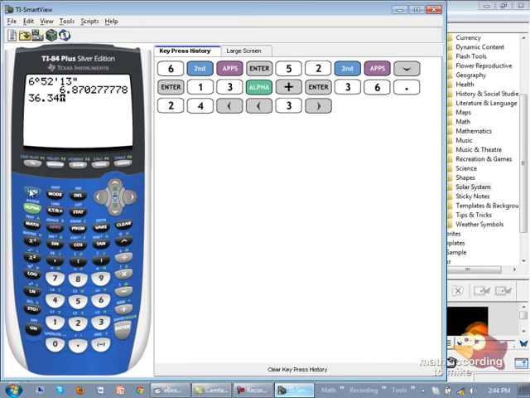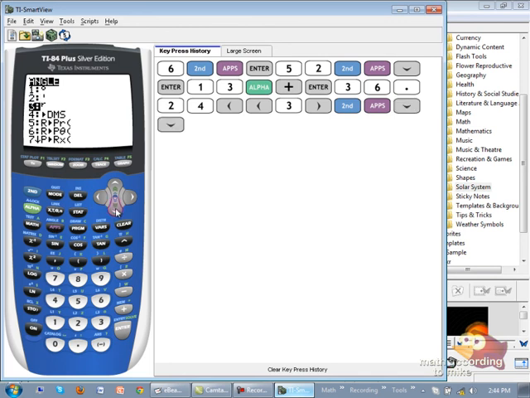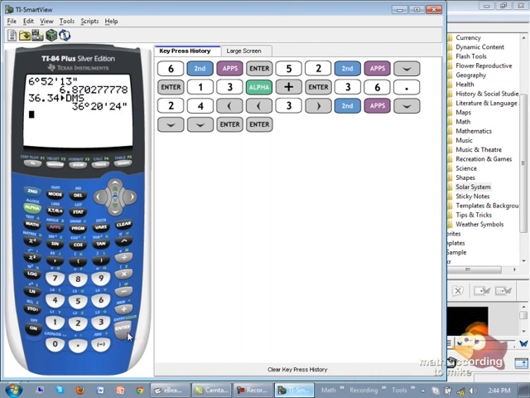If you go to second angle, and notice number 4 there is arrow, degree, minute, seconds. That arrow means convert. You hit enter twice, it gives you the degrees, minutes, seconds.